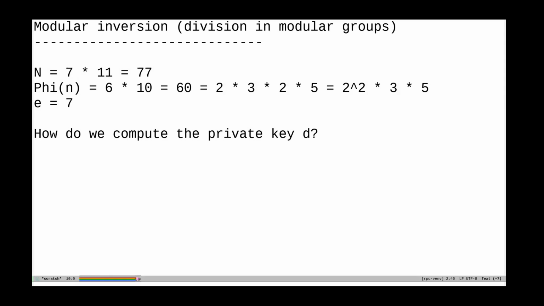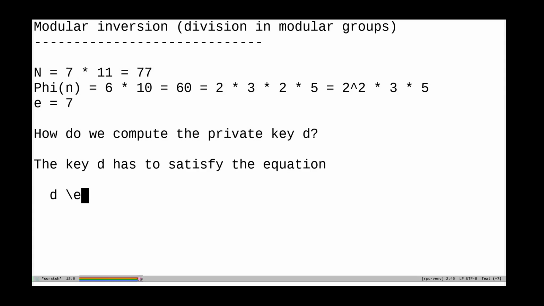The key d has to satisfy the equation that d is equal to e to the minus 1 mod phi of n. When we say that something is equal to something else to the minus 1, this is an algebraic notation to mean that when we do d times e, we want 1.